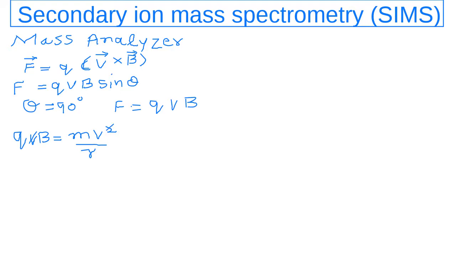If you calculate Q by M from this expression, it comes out to be V over RB. And this is equation number 1.